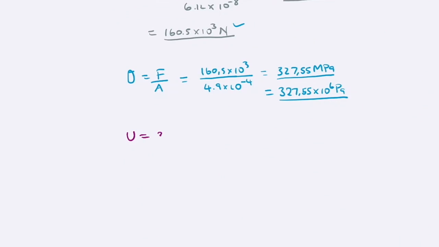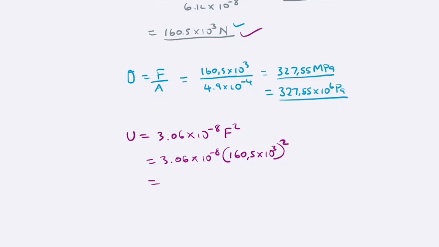It is equal to 3.06 times 10 to the exponent negative 8 force squared. Then you put in the force you've got here, 160.5 times 10 to the exponent 3.